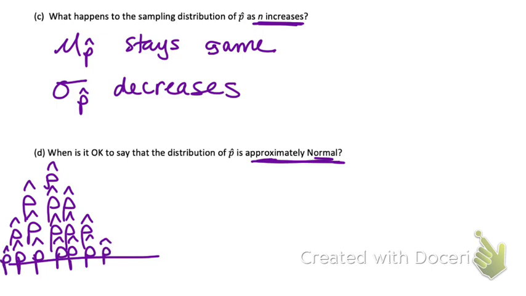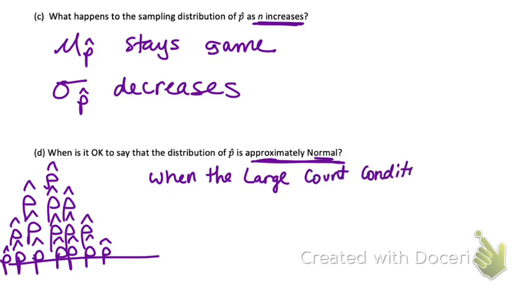There is a point where you get that. And that has to do with the combination of your n, your sample size, and your proportion from your population, your p. Did you just say that it's after n number of times? Sort of, ish. When the large count condition is met, that is when you have an approximately normal sampling distribution.